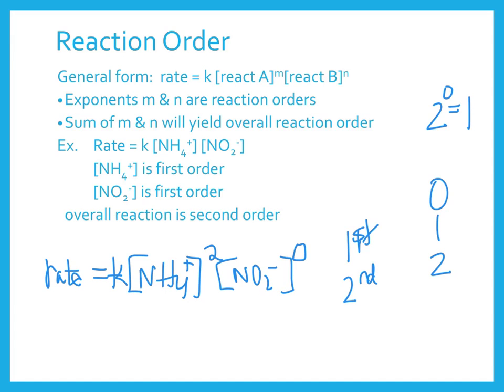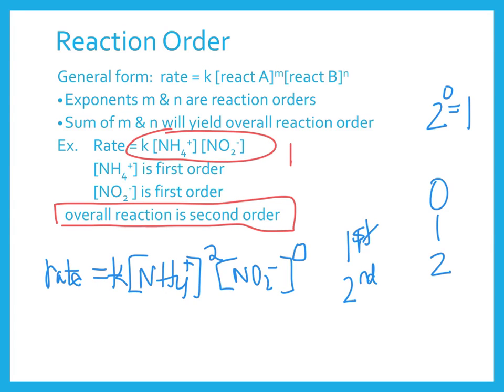We can determine the order for each reactant, and then the overall order is the sum of the exponents. The overall order in the case up here on the top is 1 plus 1, so this would be second order. My version down here has a 2 plus 1, so this one would net me a third order.